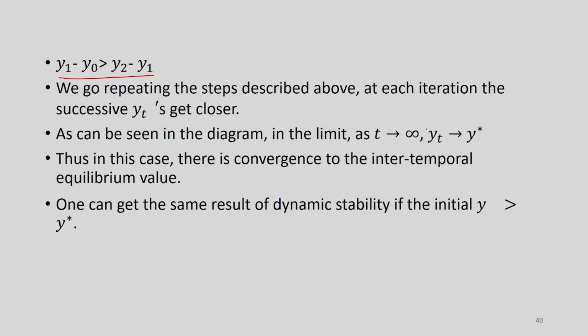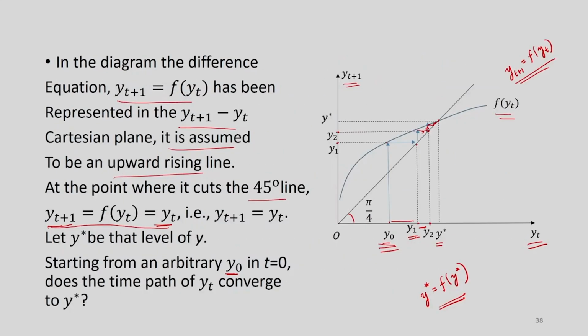One can get the same result of dynamic stability if the initial y is greater than y star. So, here we took y0, the initial value, to be less than y star, but if we had taken it somewhere here, then also the same result would have been applicable. So, here this will be y1, and from here you can find y2 here, this is y2.